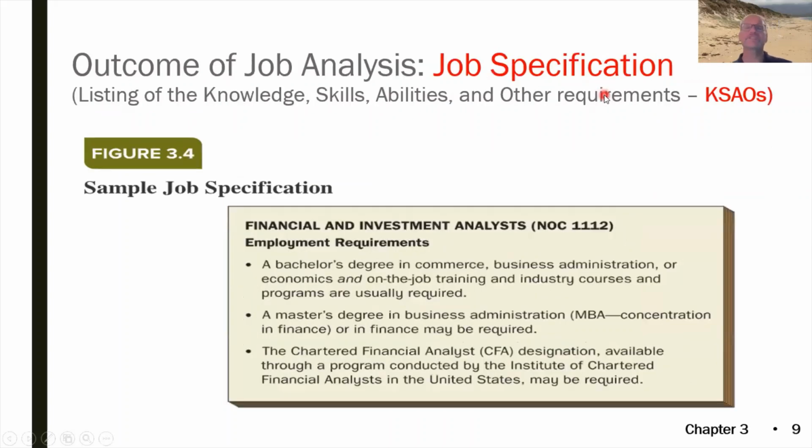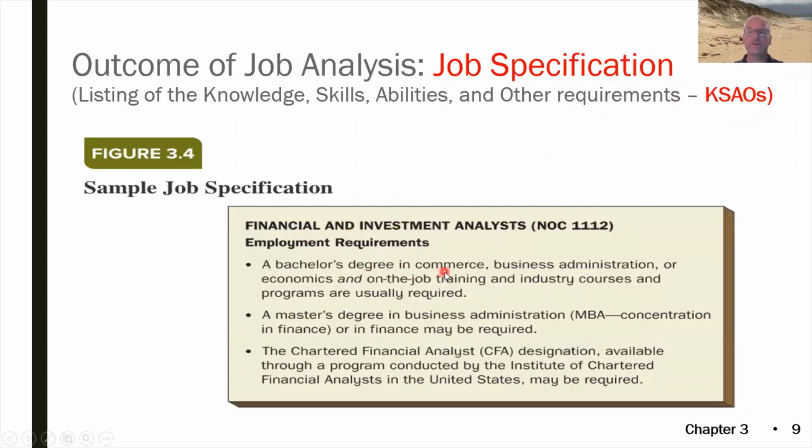The other key output is something called job specifications, otherwise known as KSAOs, which is actually a 4-letter acronym. Your KSAOs are basically what I call your skills plus. What do you need to do that? What do you need in order to be a financial and investment analyst?